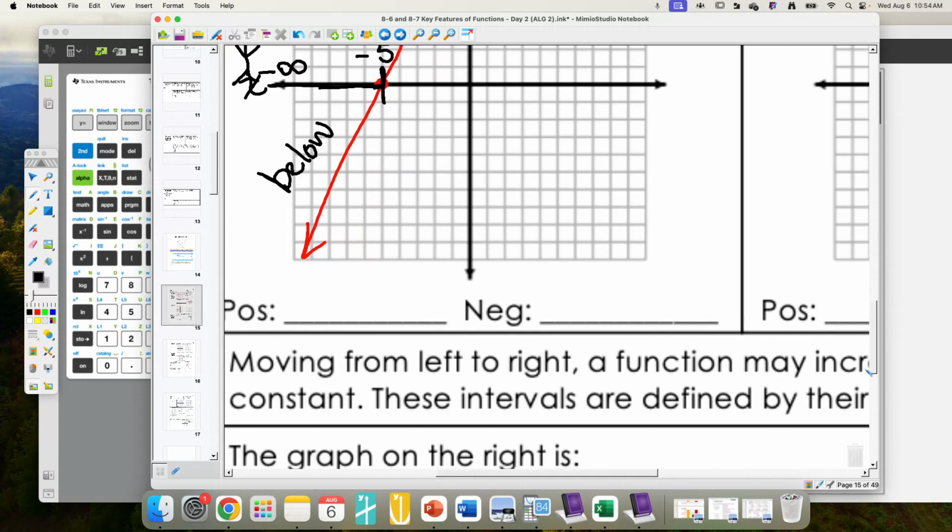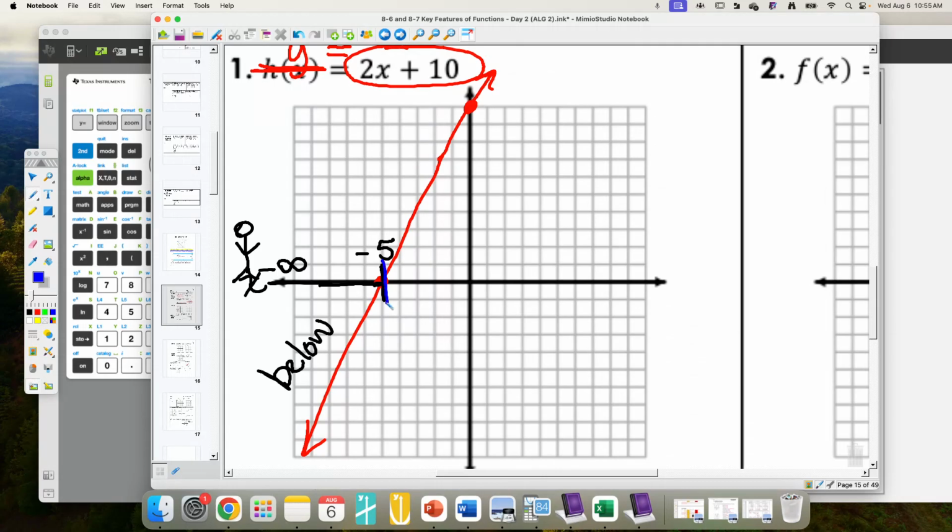So I'm going to write that, pay attention on this side. Pay attention, it's switched, okay? -infinity to -5. Y'all, intervals always have parentheses. Let me say that again, okay? Now I'm going to change gears because this part all the way over is above the x-axis.